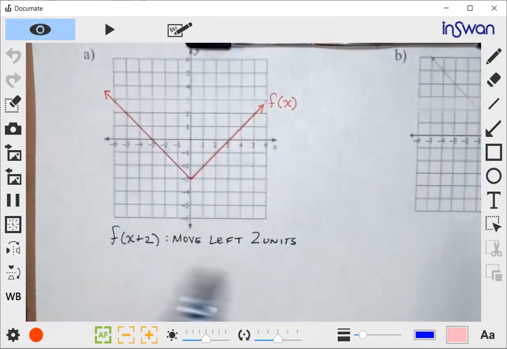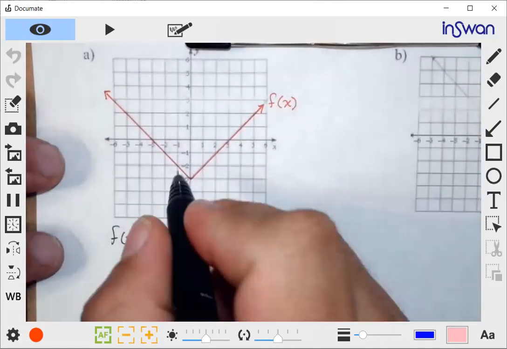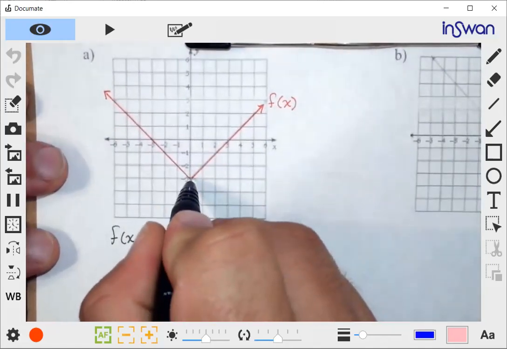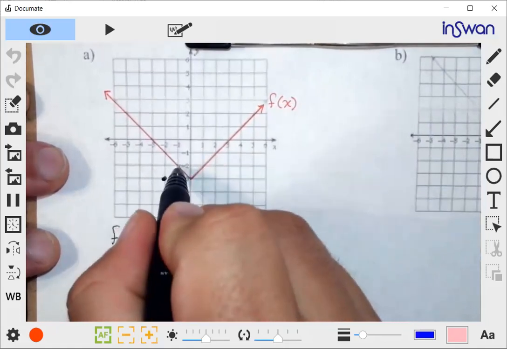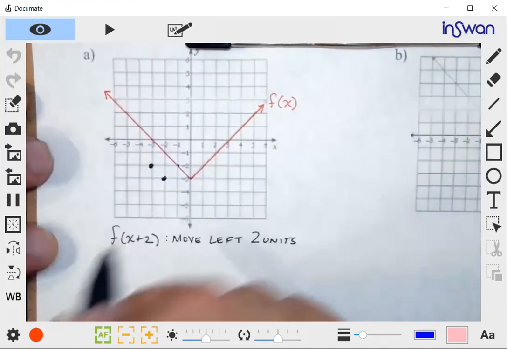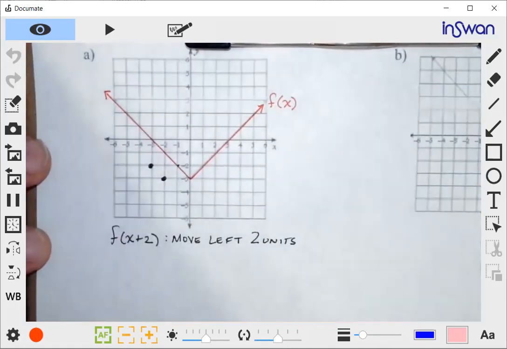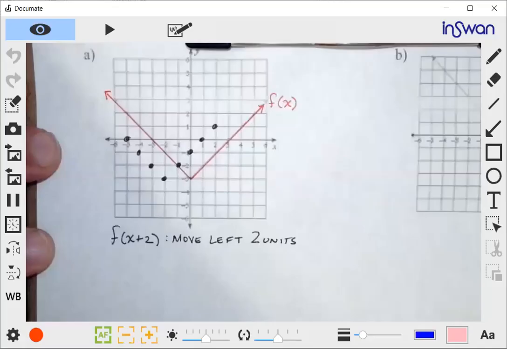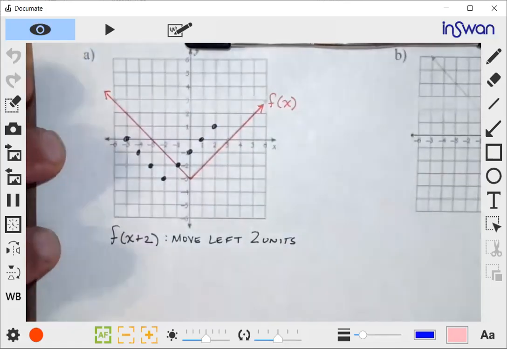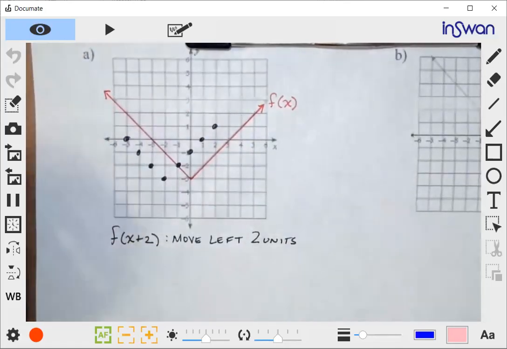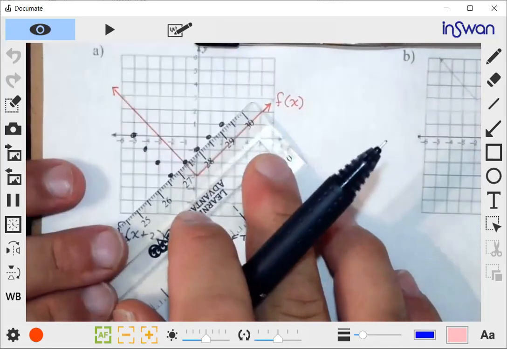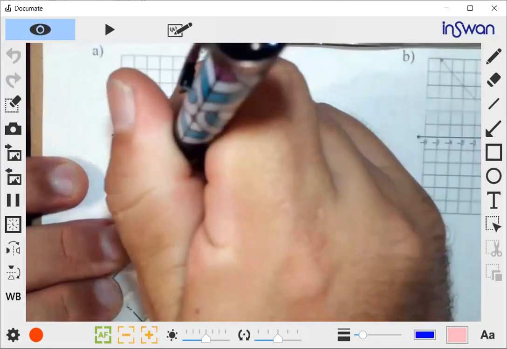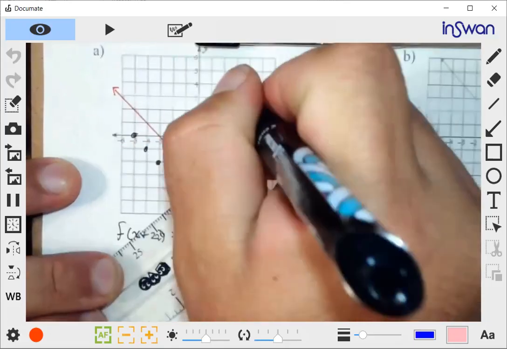So how could I do that? I could do that by plotting each of my points. So I have a point here. I'm going to move that point to the left 2 units. Here's another point. I'm going to move that point to the left 2 units. And I can do that for each of my points. And once I have enough of my points plotted, then I can come over and, if I wish, use a straight edge and be able to continue my graph.